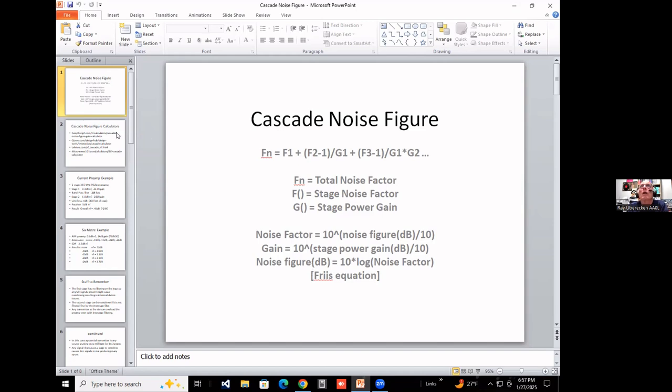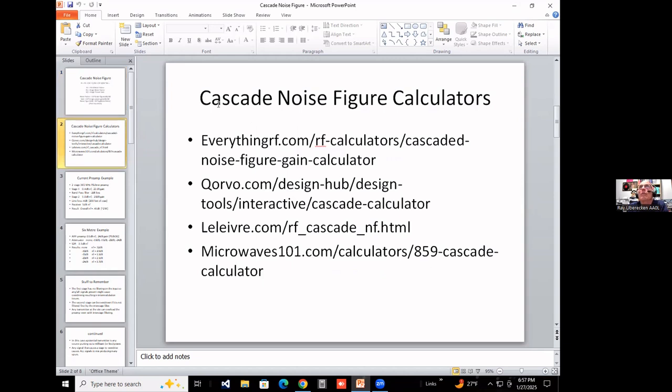Now let's go on to the second slide. These are four places where you can go on the internet and get an equation solver right on the screen. It'll help you out, and we'll make that available on the website, I guess, or something like that.